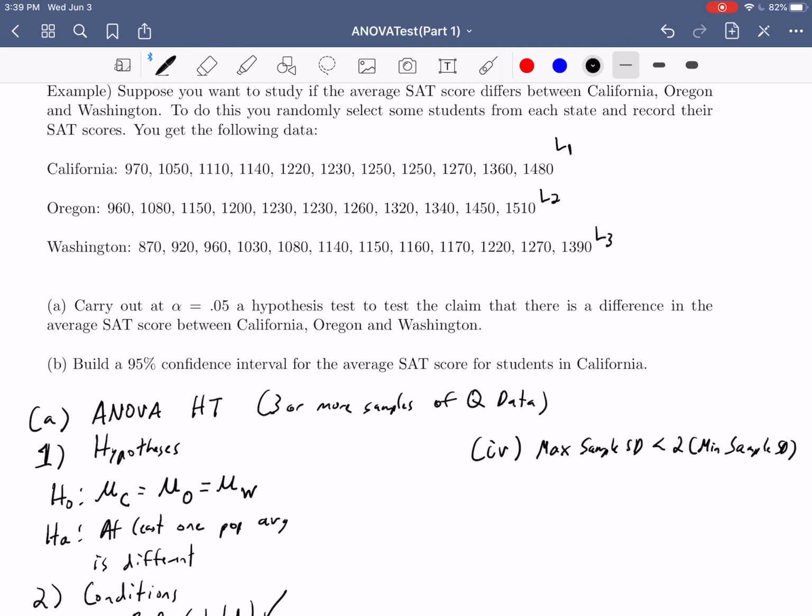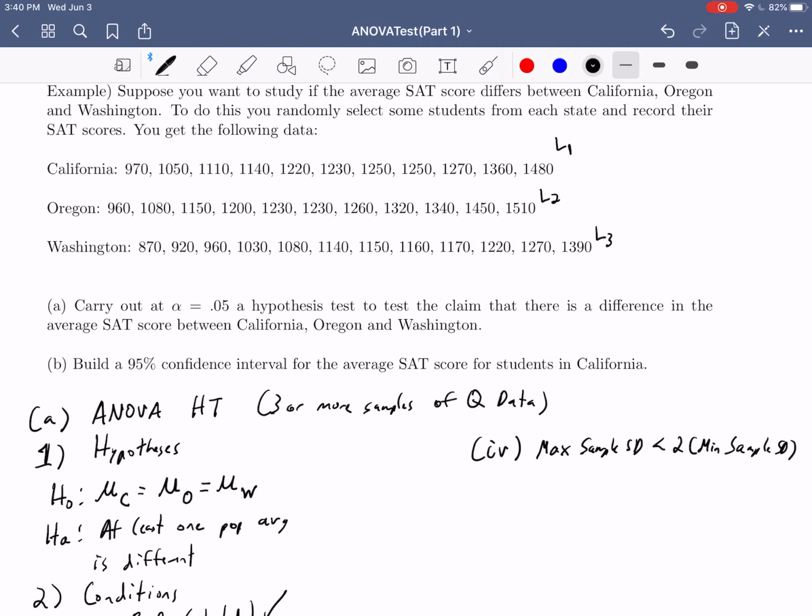So for California, we have 970, 1050, 1110, 1140, 1220, 1230, 1250, 1250, 1270, 1360, 1480, and we're all good. We should have 11 data points in there.